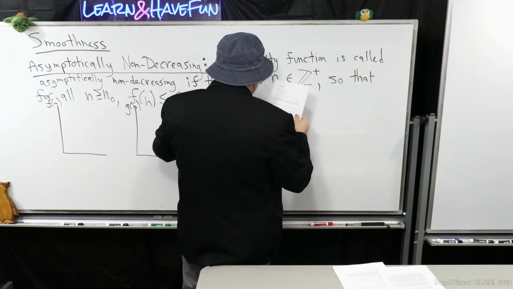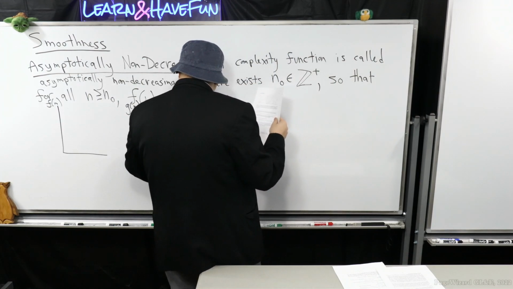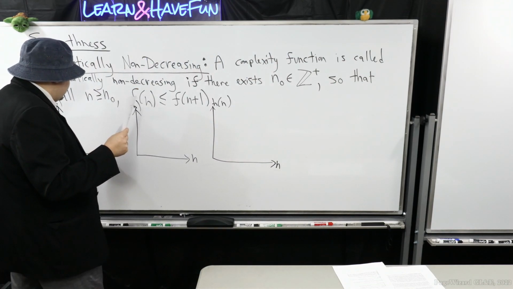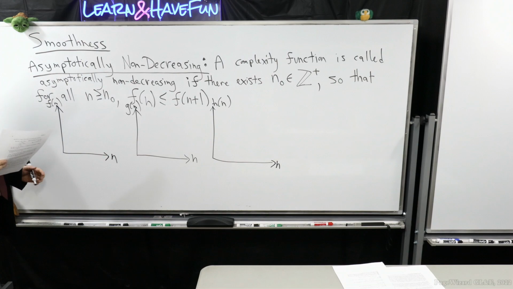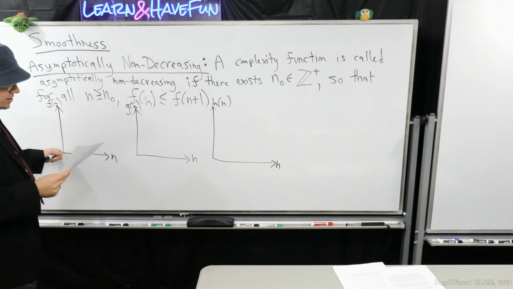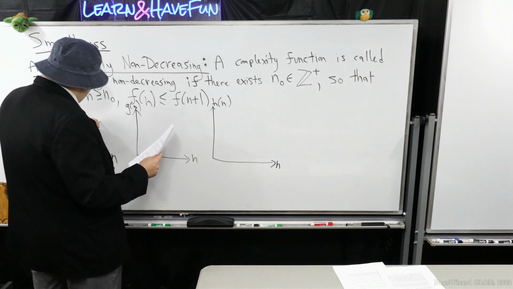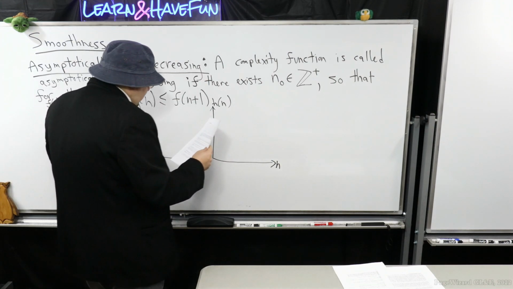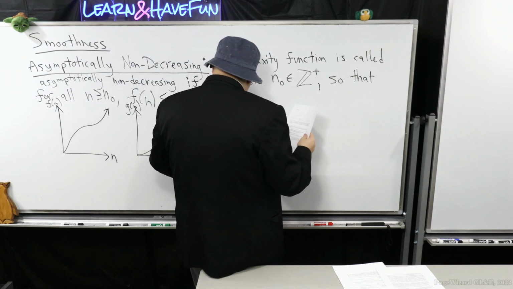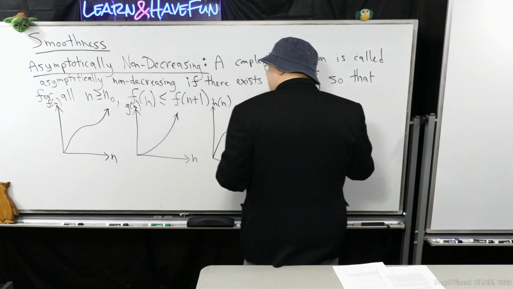These are three different functions, and suppose I'm increasing the input n. There are a lot of examples of asymptotically non-decreasing functions, so I'm just going to draw out some examples here. It seems something kind of like this.